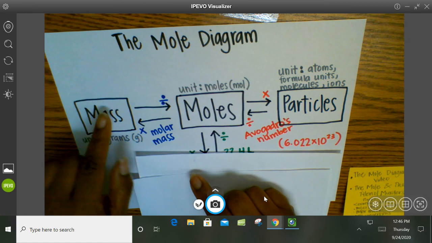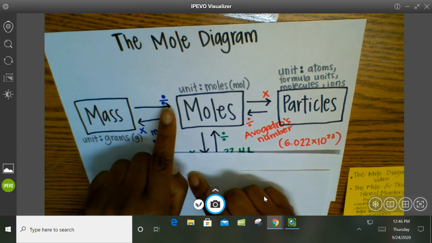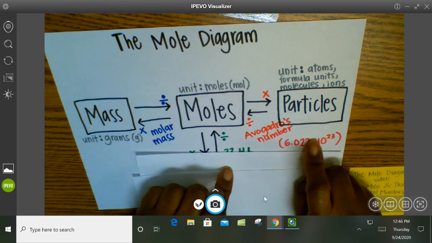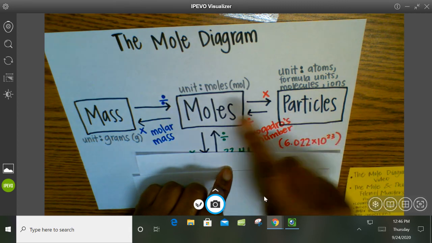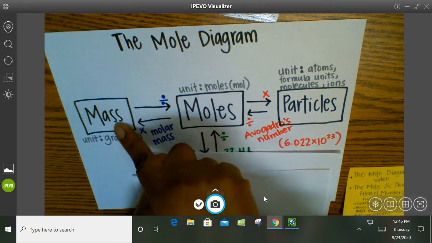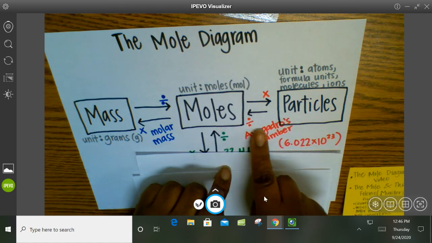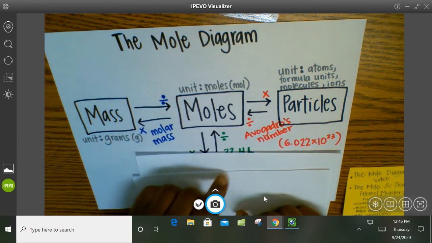You would start with your given number, your grams of the substance, divide that by the molar mass, and then multiply by Avogadro's number. If you have particles and you had to find mass, then you would go from particles to moles, dividing by Avogadro's number, and then from moles to mass, multiplying by molar mass.